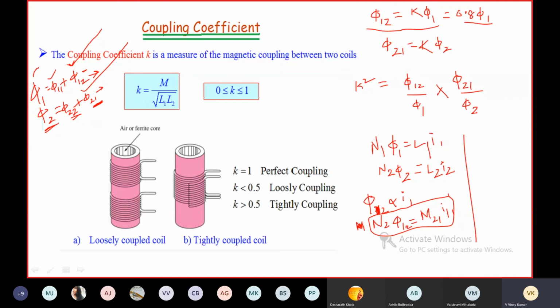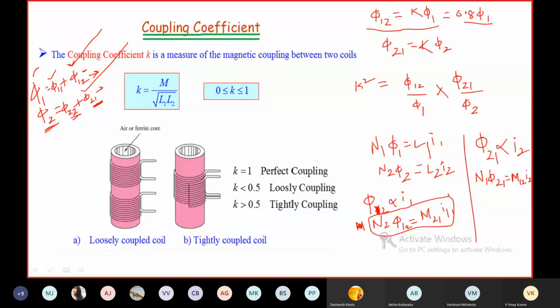You know, right? φ21 is the flux which is linking coil 1, directly proportional to I2. Then N1 φ21 is equal to M12 I2.